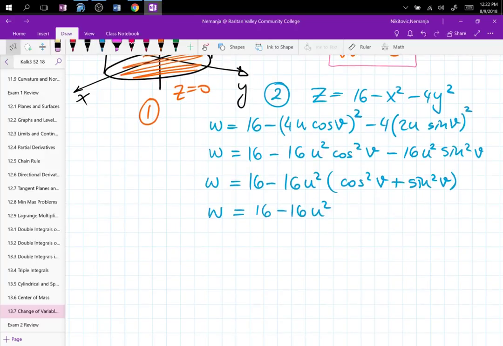So if I want to draw this shape, because I need to know what this is, and the reason why I'm doing this is this is going to give me the limits for my triple integral as I'm setting it up. So what is this shape? To graph it, to draw. It's a parabola.